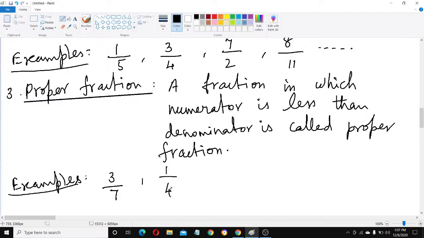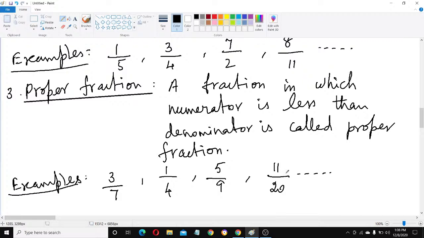Numerator 1 is less than denominator 4. The numerator should be less than the denominator, children. So 5 by 9. In 5 by 9, numerator 5 is less than denominator 9. In 11 by 20, numerator 11 is less than denominator 20.